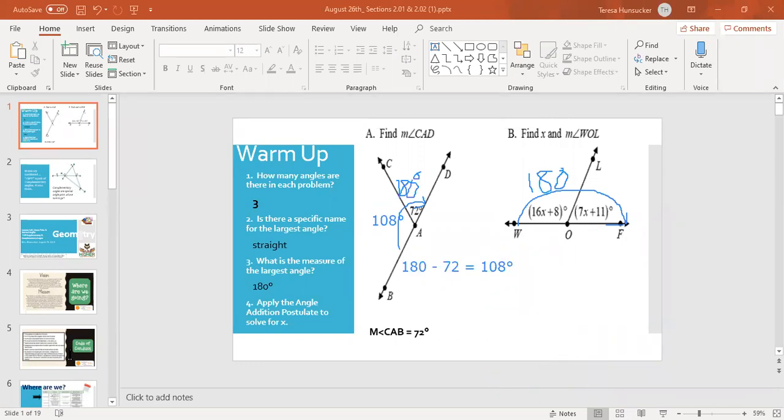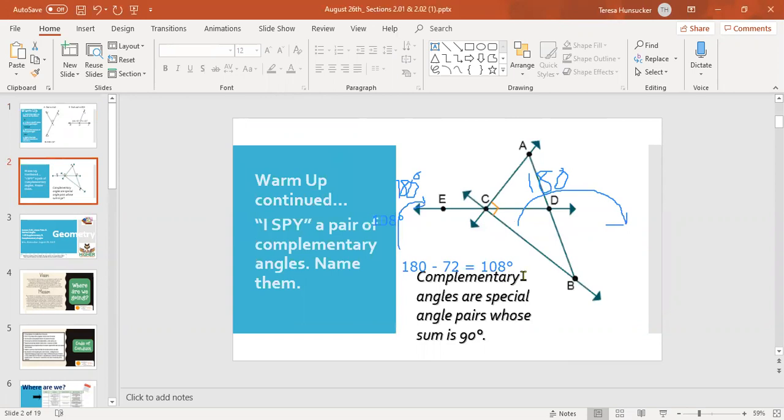All right, moving on. Now, in this next slide, we have a pair of complementary angles.